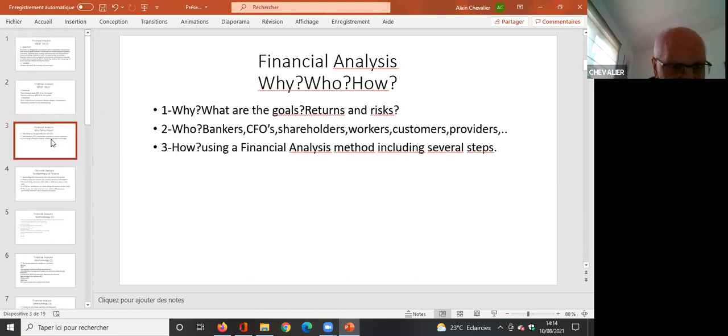So my first point is why, who, how. Okay. So why go through financial analysis? What are the reasons? What are the goals? Is it, as in many other parts of finance, to manage, calculate risk and returns?